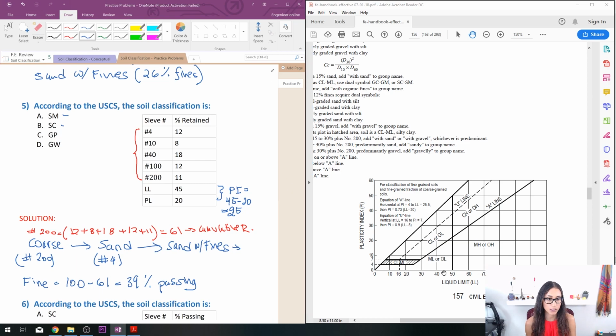Now, liquid limit is 45, so somewhere here. Plasticity index is 25, so it's going to be somewhere here, above the A-line. So I have clay, so my answer is going to be B, SC.